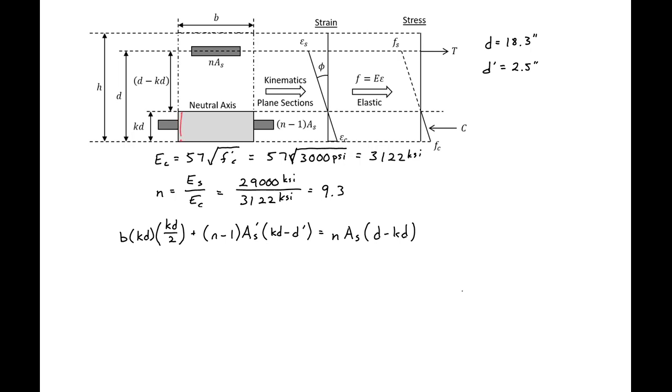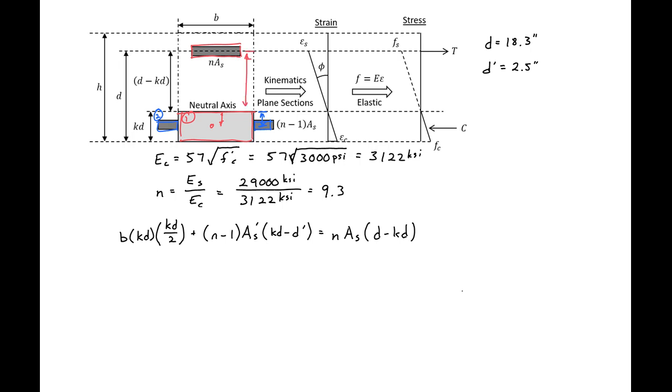We have the uncracked concrete, 1, and the distance from the centroid to the neutral axis for 1. We have our transformed compression steel, and the distance from the centroid to the neutral axis for 2. So that's above the neutral axis. And then below we have just our transformed steel, and then the distance from the centroid to the neutral axis 3.